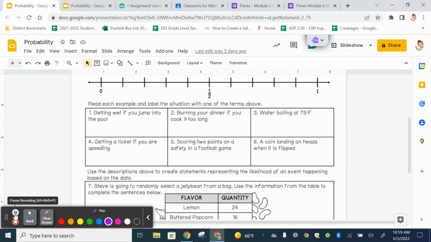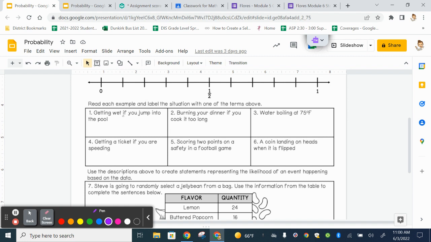Okay, scrolling down a little bit on your paper, we're now going to use these real life situations and make a decision whether it's something that is impossible to happen, certain that it will happen, or maybe somewhere in the middle. So we're going to read examples and label with either certain, likely, impossible, unlikely, equally likely, etc. So what are the odds of getting wet if you jump in the pool?